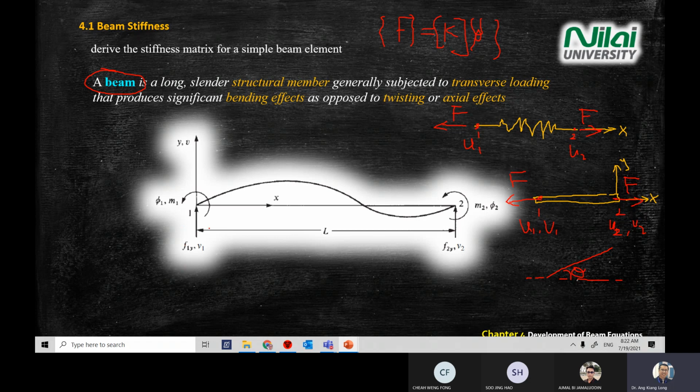However, the forces we have here are only in the Y direction. Since your force is acting in the Y direction, your displacement moves along the Y axis, so you have V1. Same with point number 2, you only have a Y direction force, so you label it F2Y. The displacement will be V2.